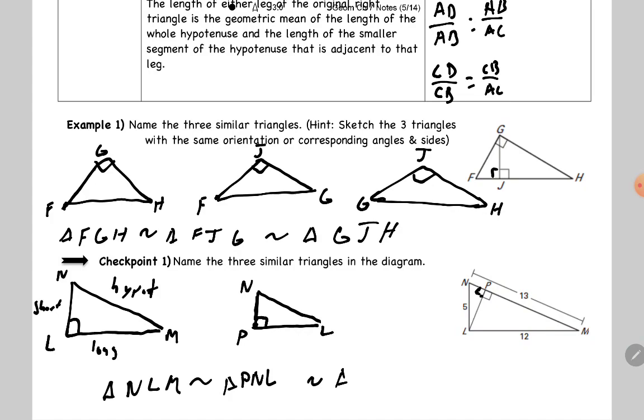So the right triangle is, again, we start at P. This time the short leg is L. And then we have M. So PLM.